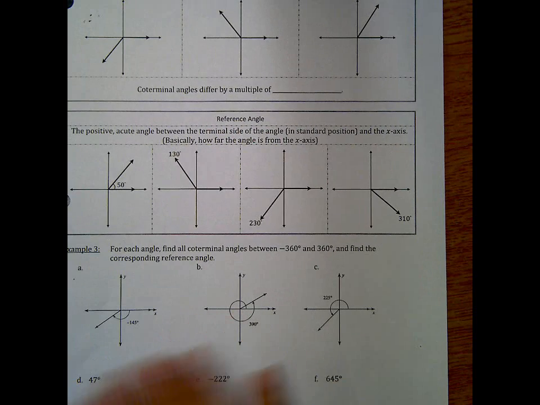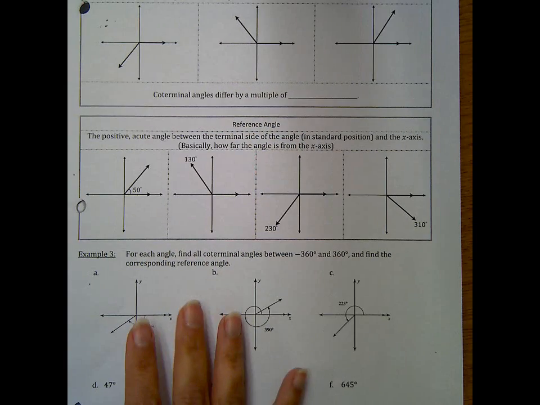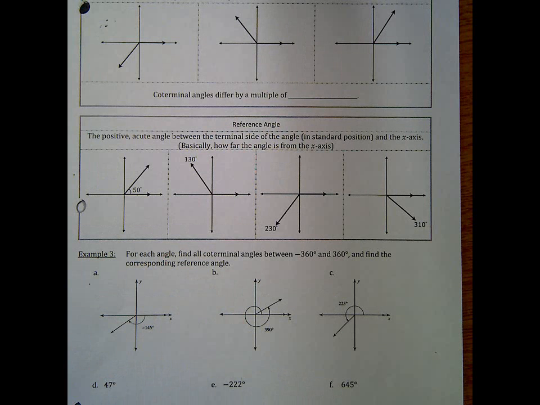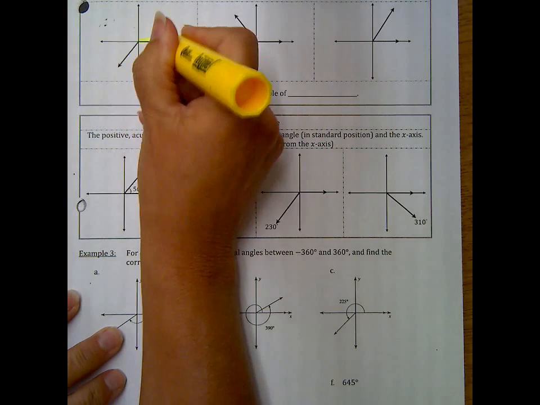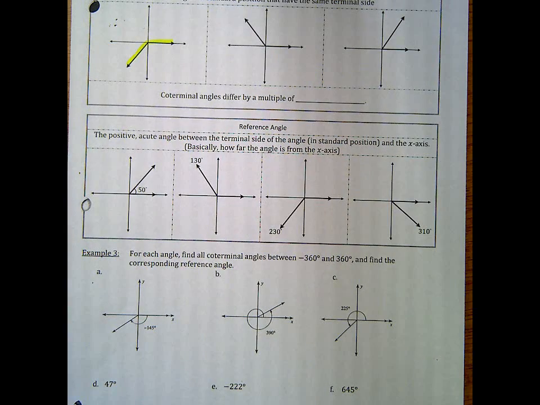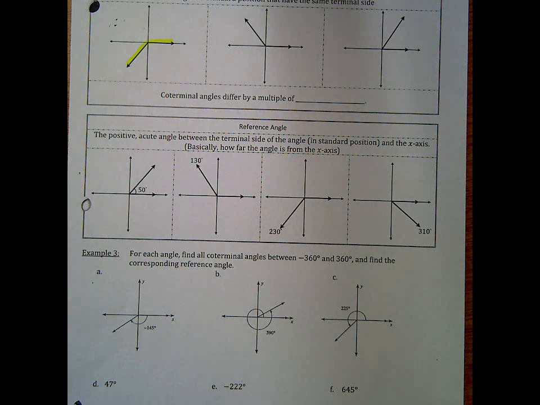We're looking at coterminal angles. So coterminal angles is really what we were just doing. Coterminal angles are angles in standard position, meaning it has an initial side and a terminal side, that have the same terminal side. So different names for the same angle.